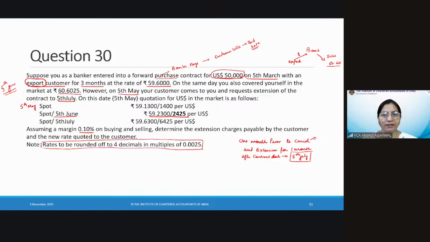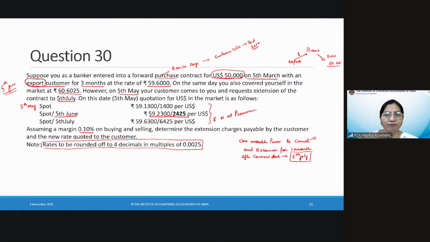So if you look at these rates on 5th May, these are the spot given. From 5th May, 5th June, 5th July, we can constantly see the price of dollar increasing: 59.132363, 59.142464. In this period, the dollar is at premium. Right? But the rate that was quoted to him on 5th March was 59.60.